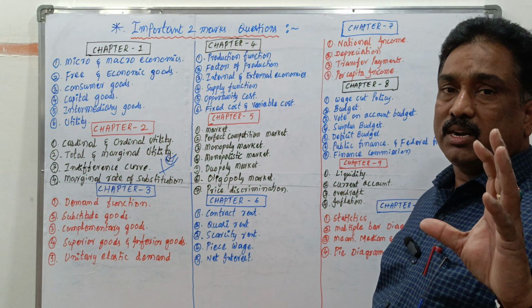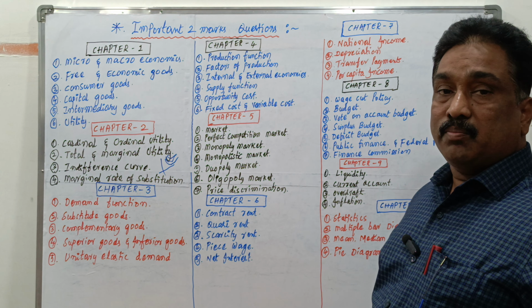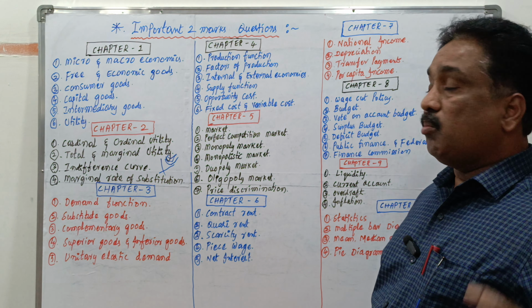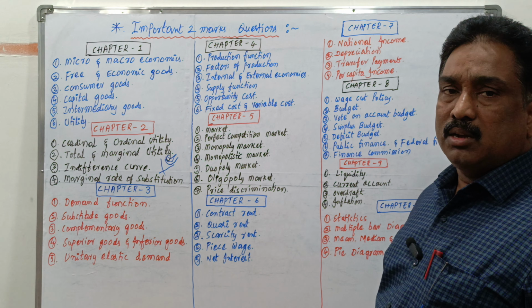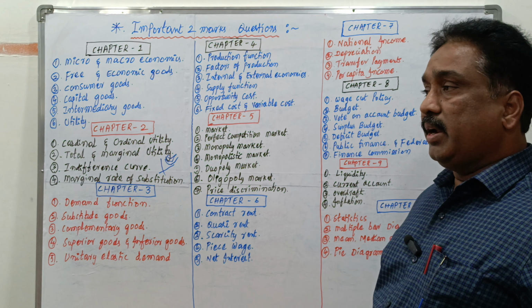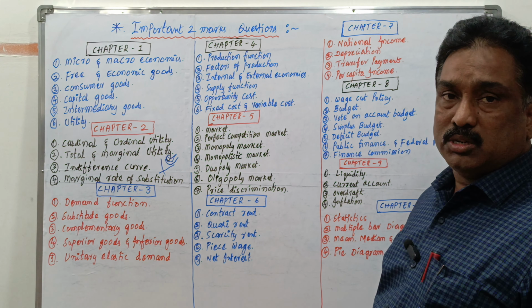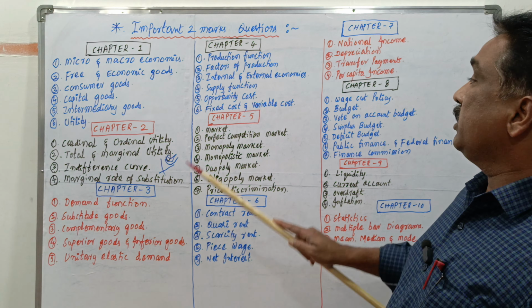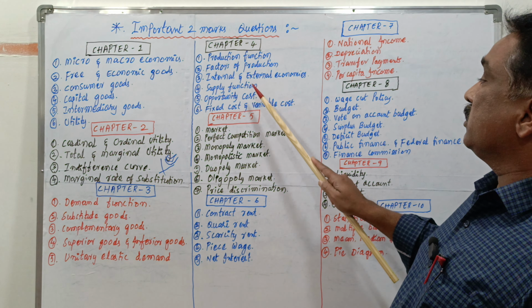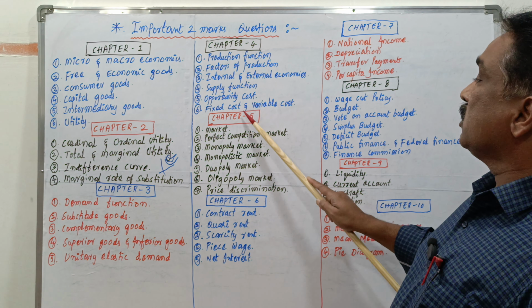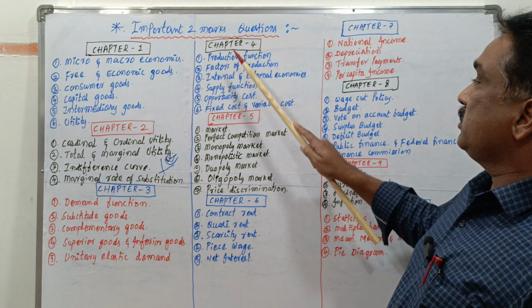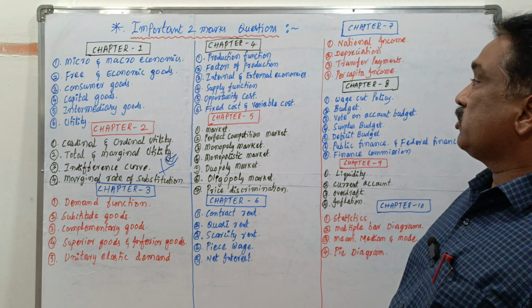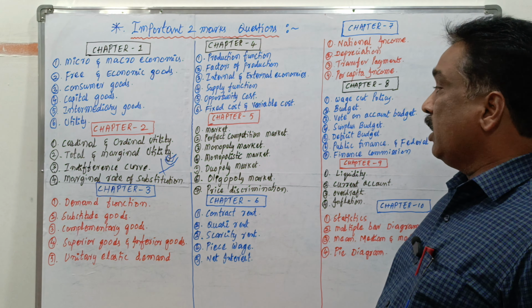I have already published a video explaining all these 2 marks questions in simple language, presenting the total 2 marks question answers. Here, what is the supply function, what is opportunity cost, what is fixed cost, what is variable cost. These are the important 2 marks questions of the 4th chapter.